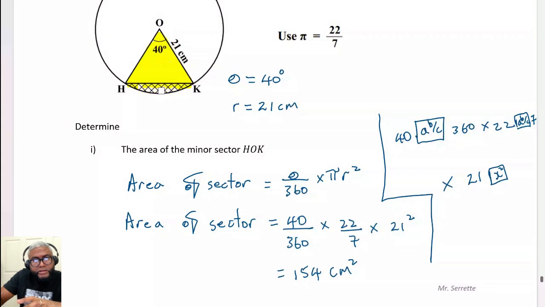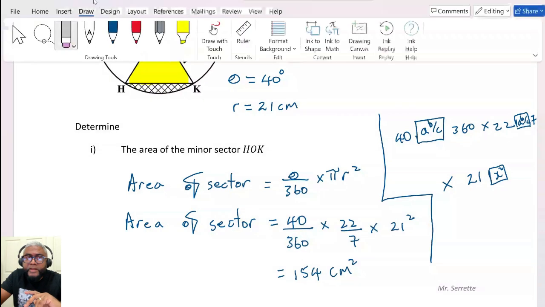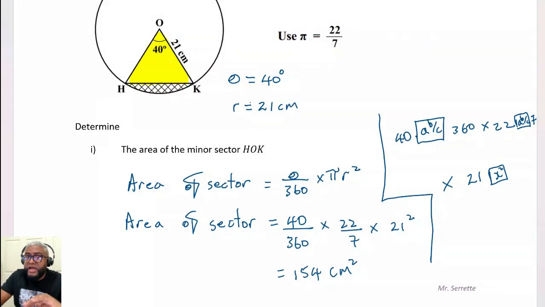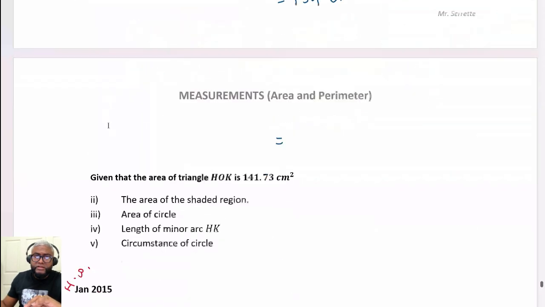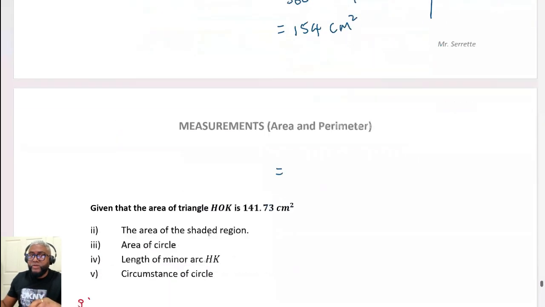So you see where it's shaded now in yellow? That is the triangle. So they say the triangular part is 141.73. They want you to now calculate the area of the shaded region.